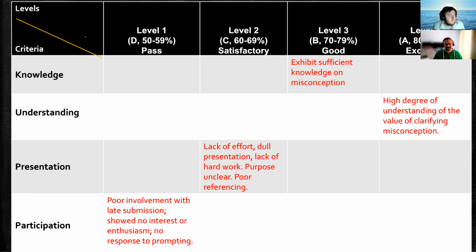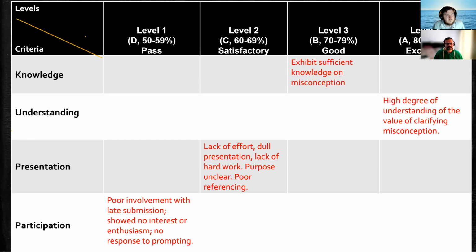We're also going to check your understanding about science and maths myths and basic concepts. Presentation: if it's an essay, the way you're typing it out, are you using proper referencing or not? If you're doing a website, how attractive is your website, and is it sending the right information to the reader or audience? And your level of participation, how involved you are in it.